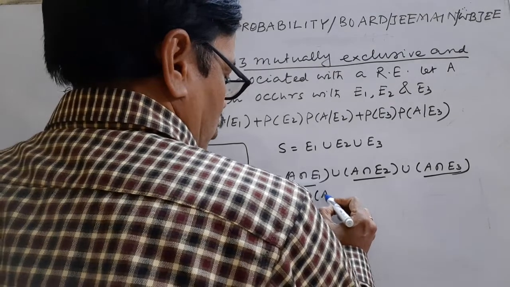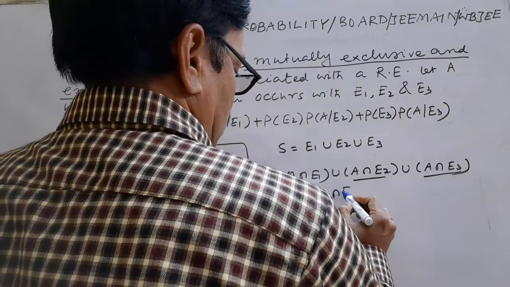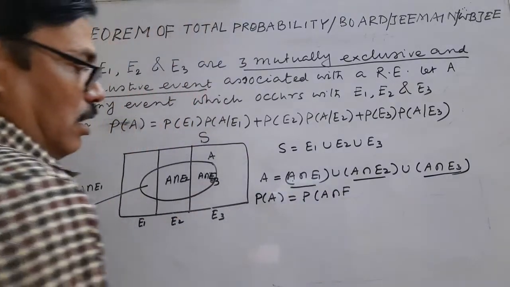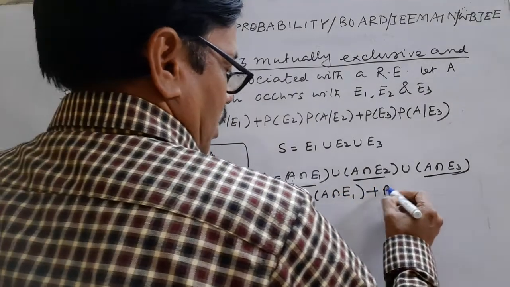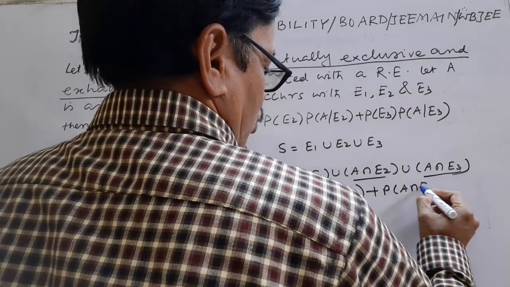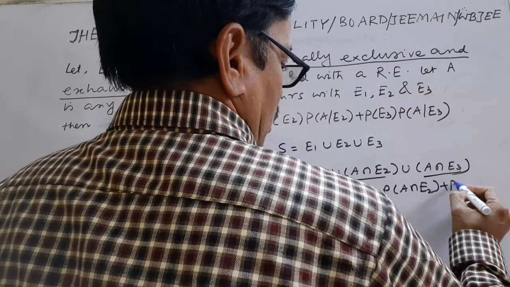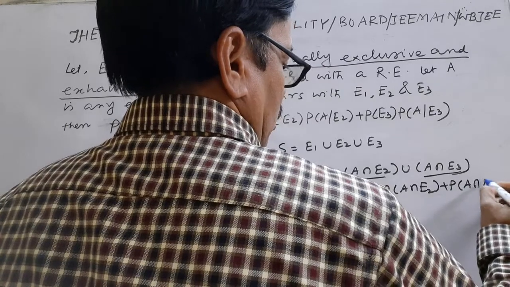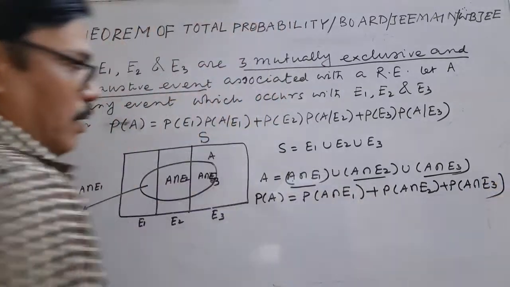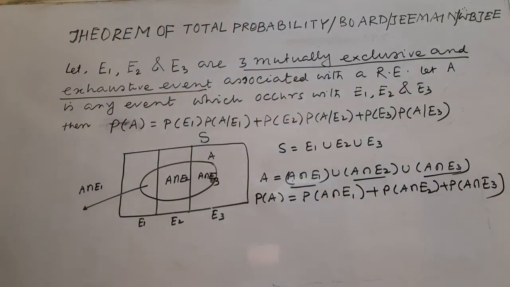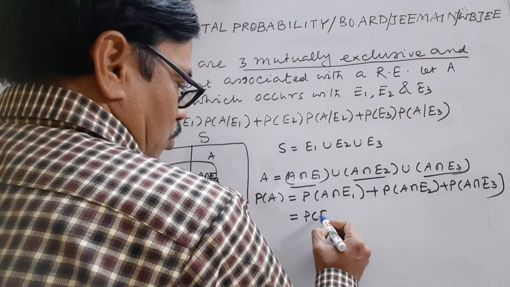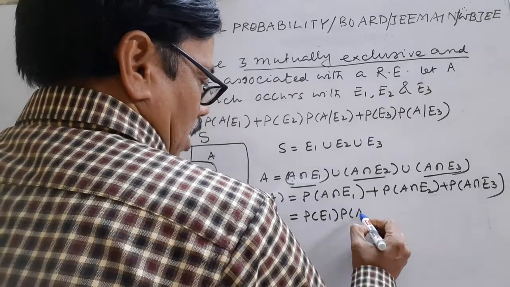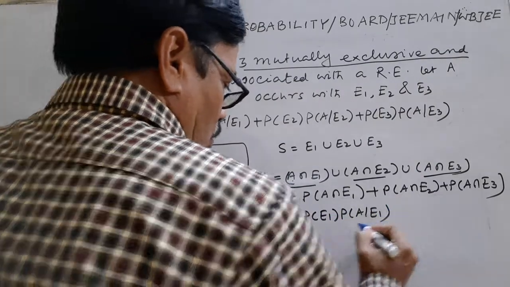P(A) equals P(A intersection E1) plus P(A intersection E2) plus P(A intersection E3). So this one is equal to P(E1) into P(A by E1). Why?